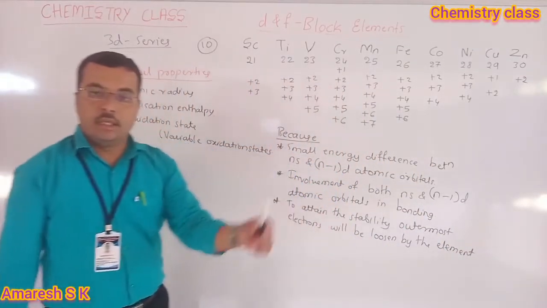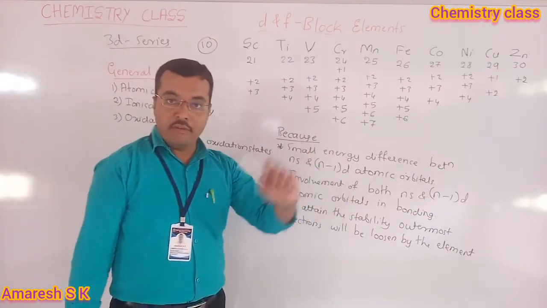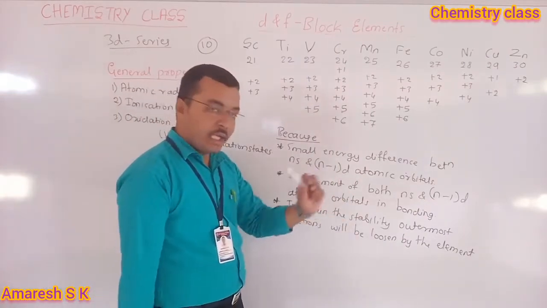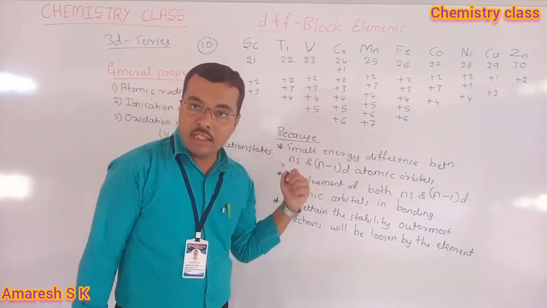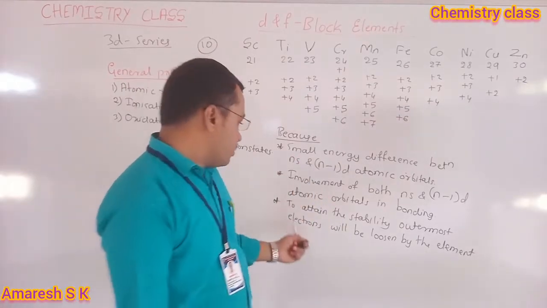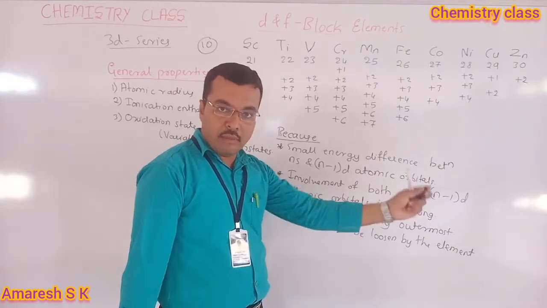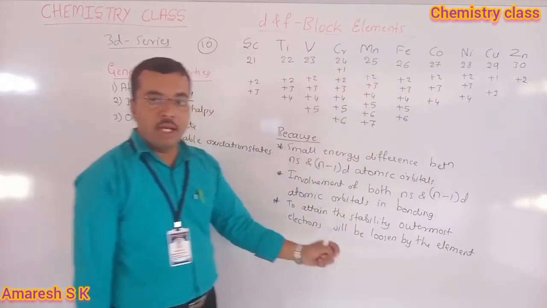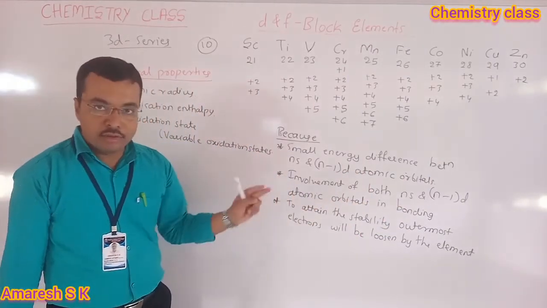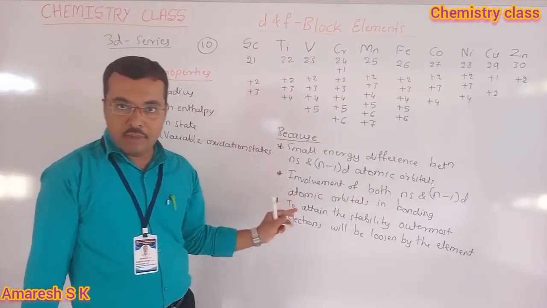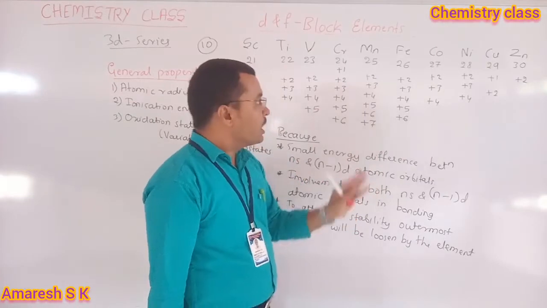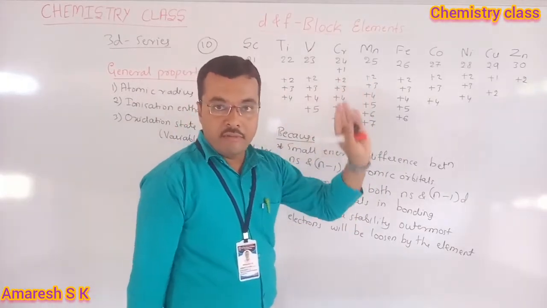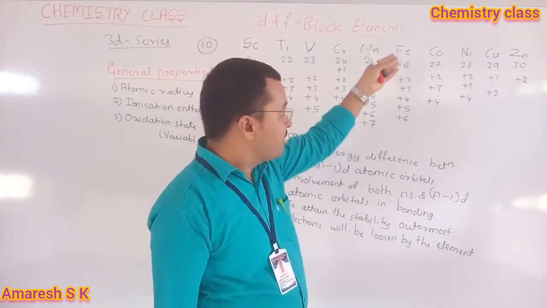It means that while forming a chemical bond, the outermost electron will loosen very rapidly, to make a strong chemical bond and form a molecule like FeCl3 or FeCl2.